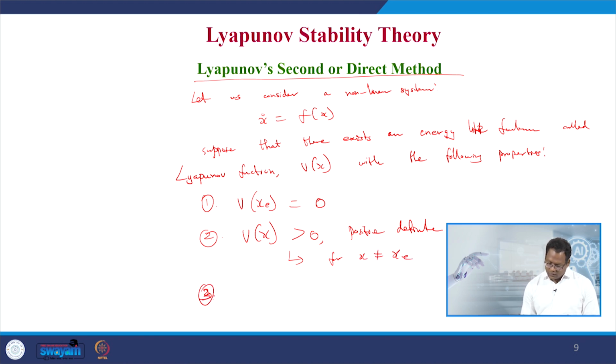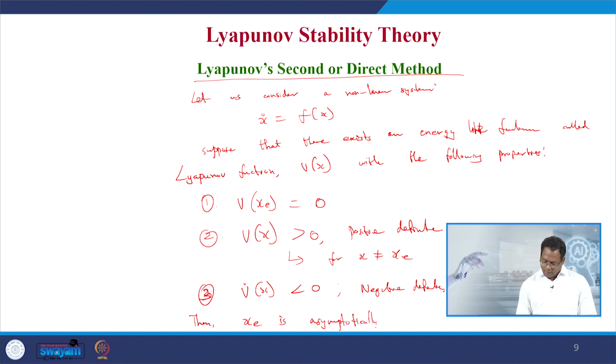Likewise, we have the third property of this Lyapunov function candidate, V dot of x less than 0, which means negative definite. Then we can conclude that x e is asymptotically stable. Okay, so this is the mere intro about the second approach.